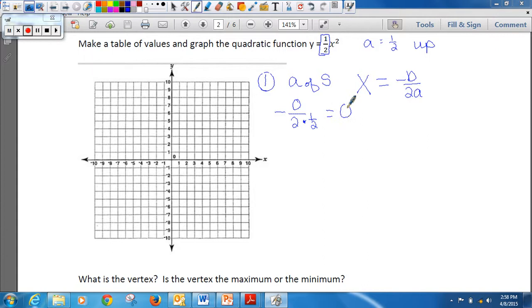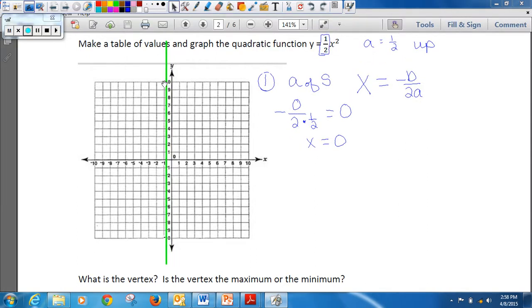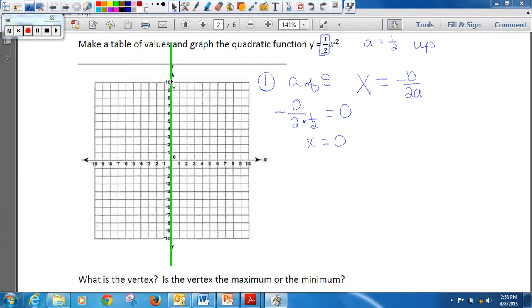That gives me 0. So I know my axis of symmetry is x equals 0, so it crosses the x-axis at 0. If I draw it in here, there's where x is 0, so my line of symmetry is right there. I also know that my vertex lies somewhere on that line.